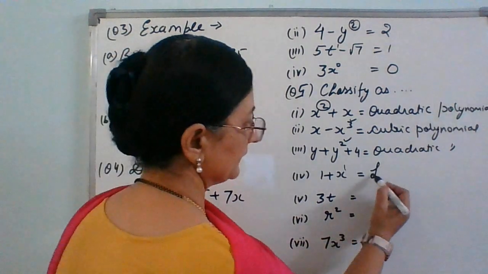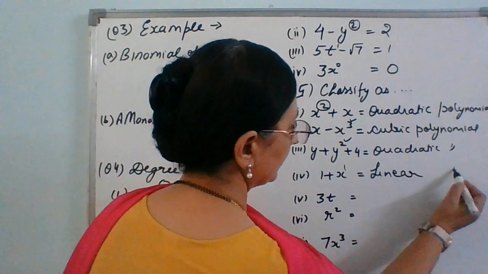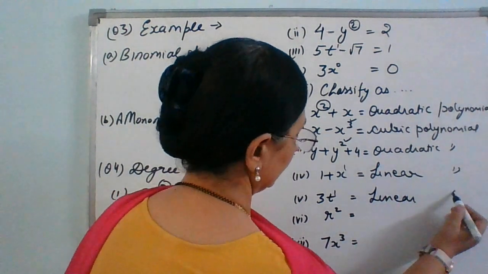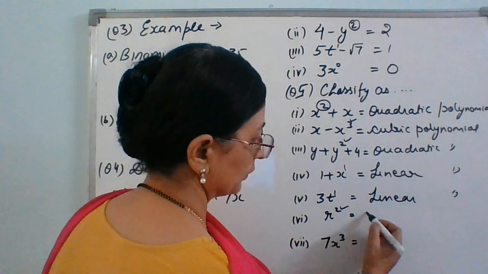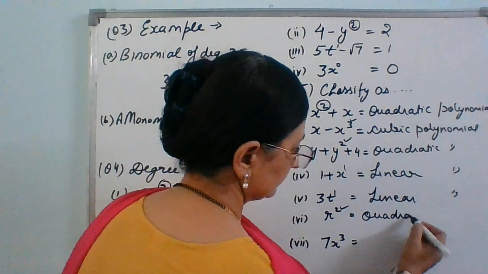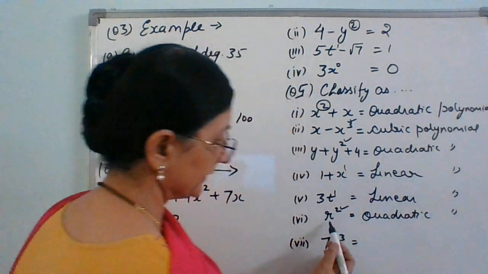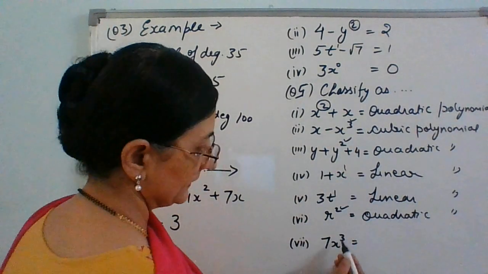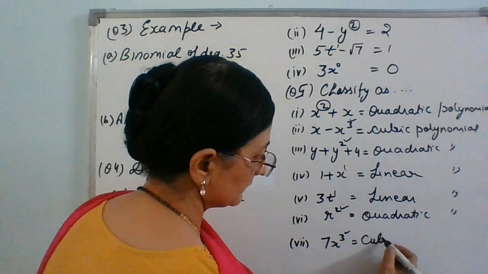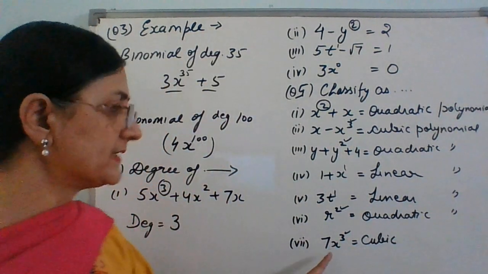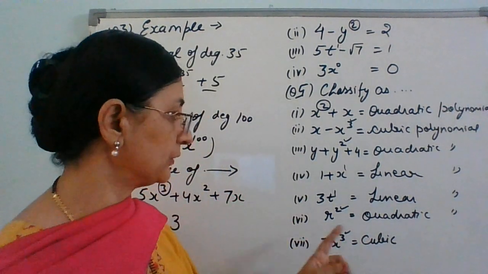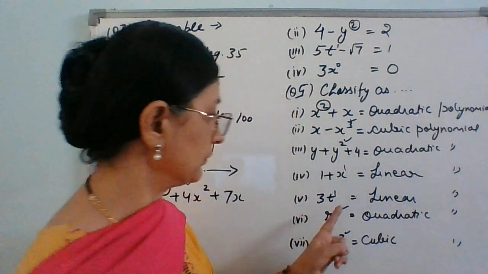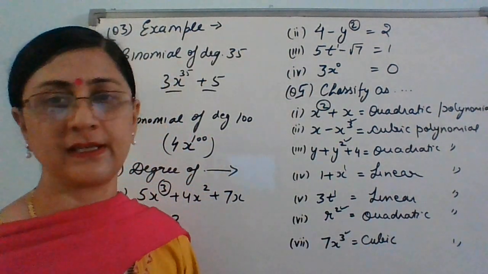Here the degree is 1, linear polynomial. Here the degree is 1, linear polynomial. Here the degree is 2, quadratic polynomial. These are the variables, right? R, T, S, whatever, Y, X. Then here 3, cubic. There can be only a single term also, but we are talking about the degree here. Degree 3, cubic polynomial. Degree 2, quadratic. Degree 1, linear. This way we can do.